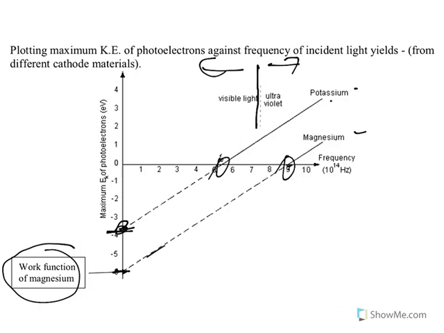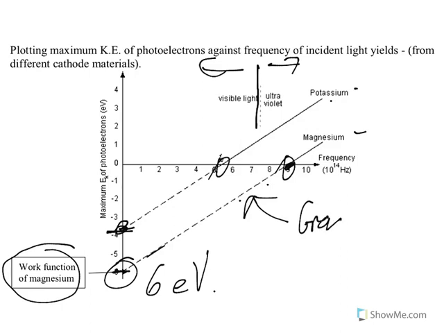We don't get electrons removed until here. If we trace that back, what we need is 6 electron volts worth of energy to remove an electron from magnesium. You also notice it's a straight line, and the gradient of that straight line is Planck's constant.